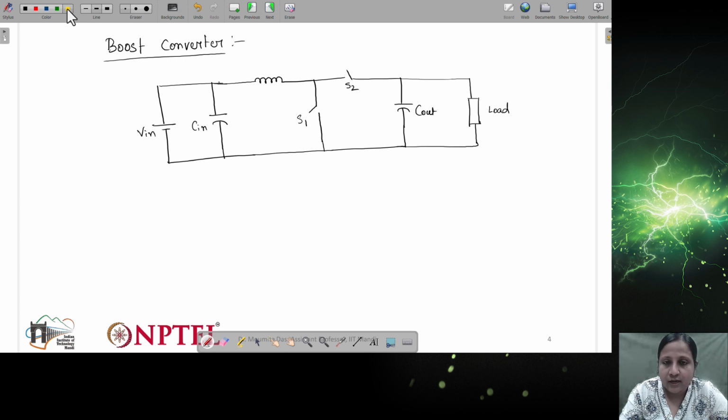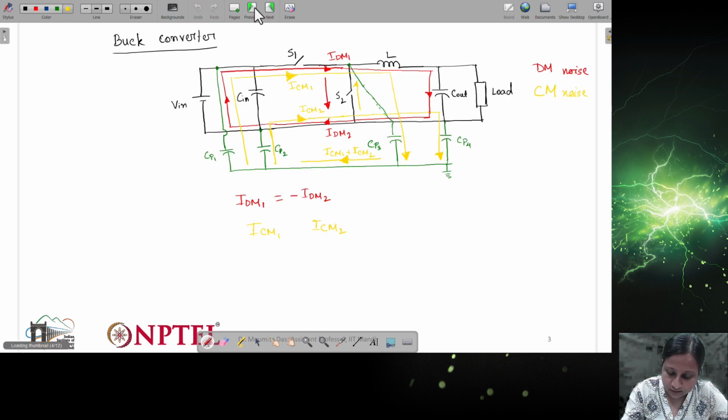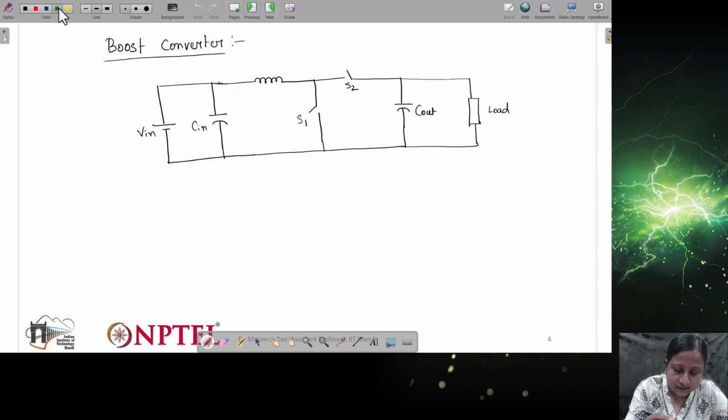So now if I have to provide the parasitic capacitance path, it will also be similar.